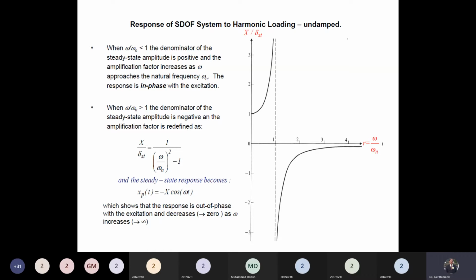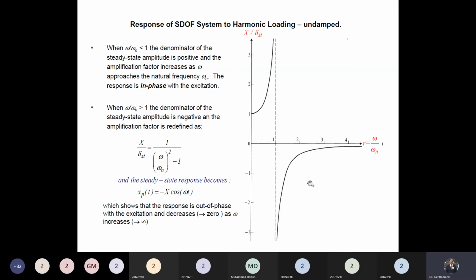It was not vibrating. That first model started to vibrate at low frequency, but with the increase in the frequency, it became static. So with the increase in the omega value, the amplification factor will decrease.